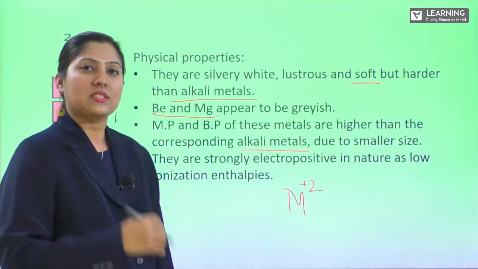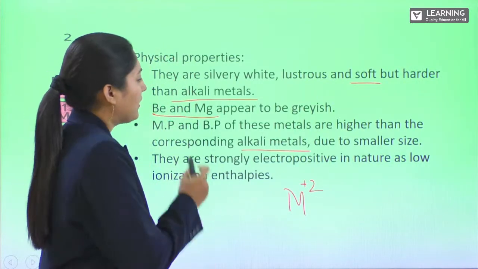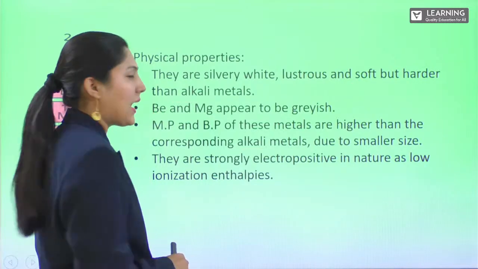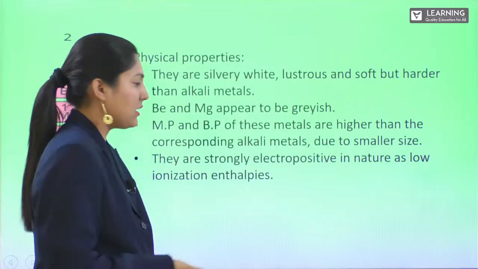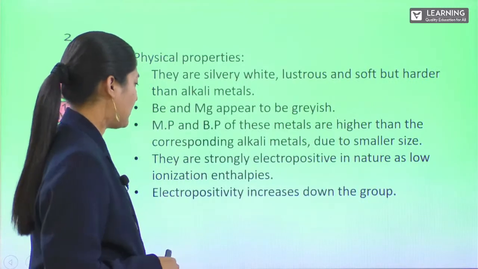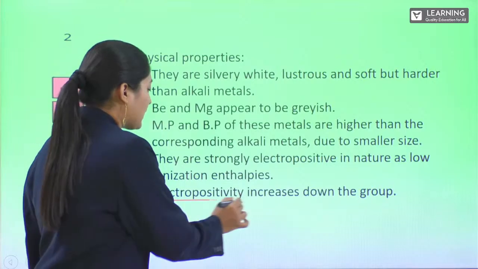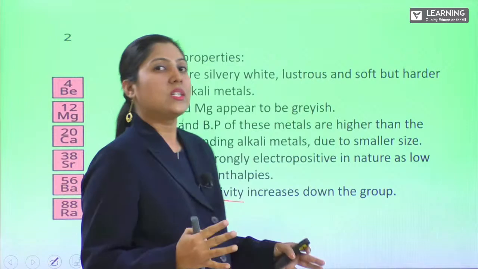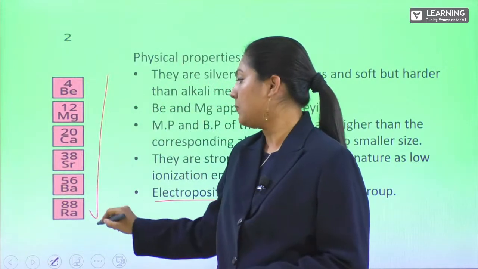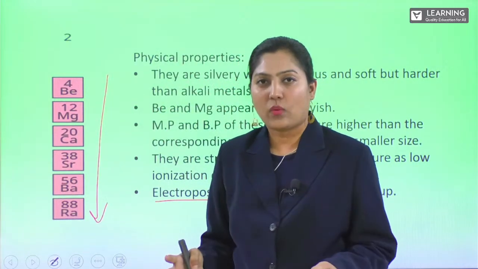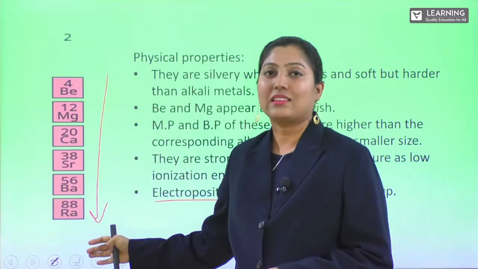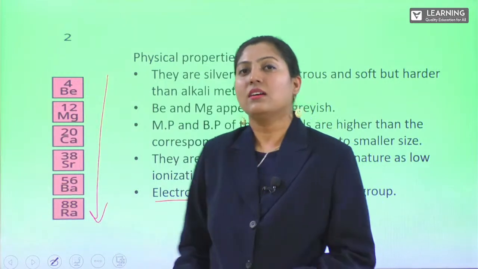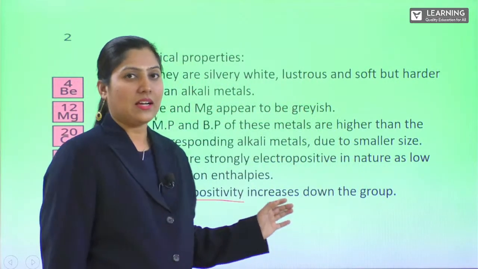So they are positively charged particles, or electropositive, and since they have low ionization enthalpies, they can easily form positively charged particles. And the electropositivity increases as the size increases. How does the size vary? Down the group, size increases. As size increases, the ionization enthalpy also lowers, and hence the element will be more electropositive.